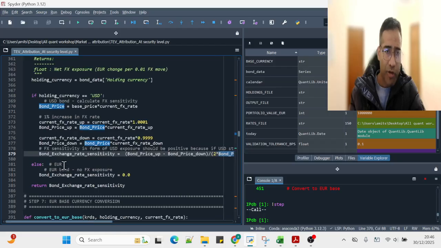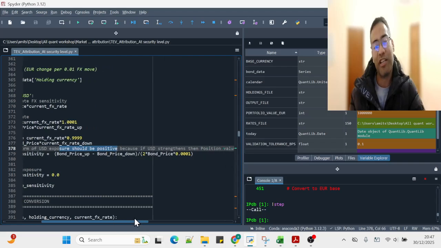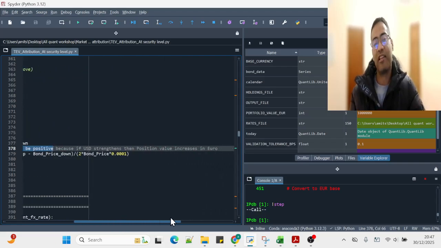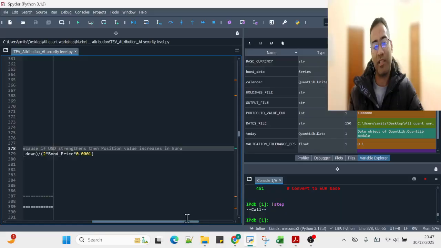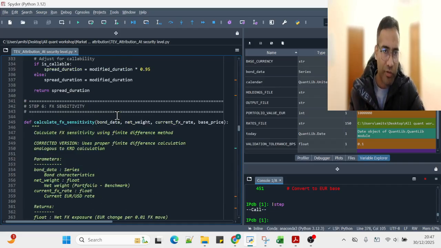It is important to remember, this line is very important: FX sensitivity in USD should be positive. Why? Because if USD strengthens, then position value increases in euro. That's why it has to be positive. For duration it was different.